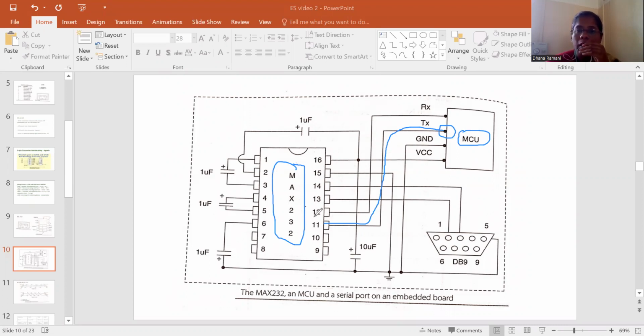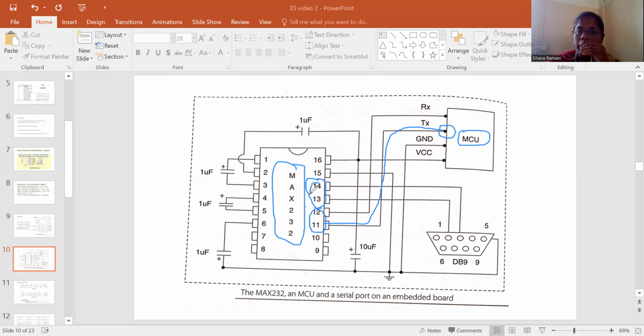This signal has to be converted to the RS232 standard: it converts 0 to 5 volt to -3 to -25 or +3 to +25, based on whether it is logic 1 or logic 0. After converting, those signals will be transmitted by pins 13 and 14. The signals will be received and passed to the microcontroller using pins 11 and 12.